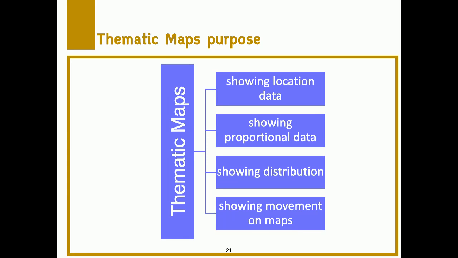For the first one, we want to show the location data, or we want to show the proportional data, showing the distribution data, or even show the movement on the map. This one you can pick up and put in your objective as well, that what kind of data or what kind of map visualization you want to show.